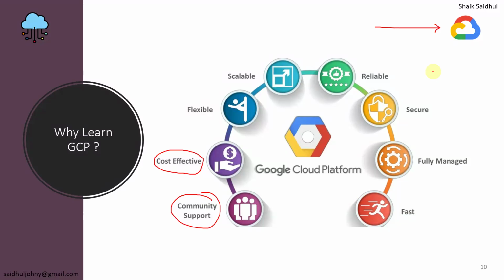Google is offering you the services in a cost effective manner compared to the other cloud platforms. So plenty of opportunities are there for GCP, guys, plenty of opportunities for GCP data engineers.